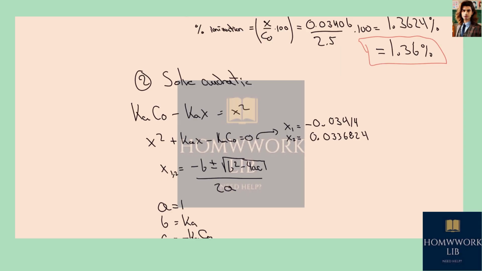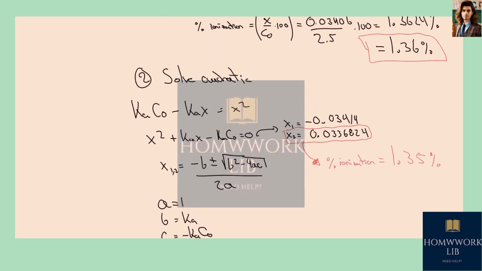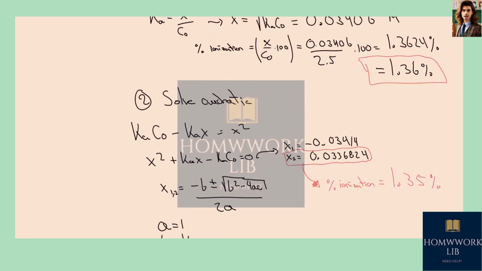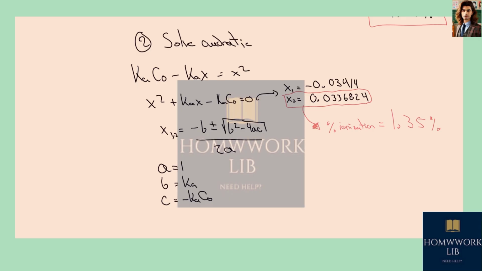Using this value for x2, what we're going to find is that the percent of ionization would be equal to 1.35%. So solving this quadratic expression is going to give us a more accurate result. This is with no approximations at all, but as you can see, the results do not differ that much. They differ by 0.01%. And with that, it would be all.